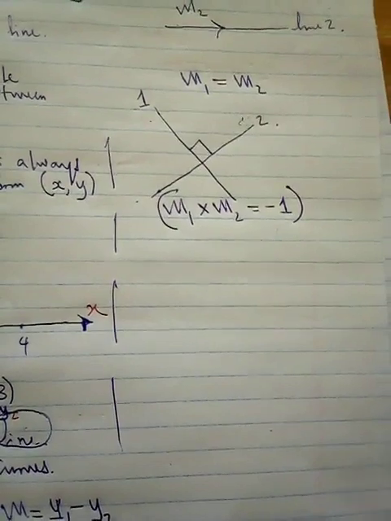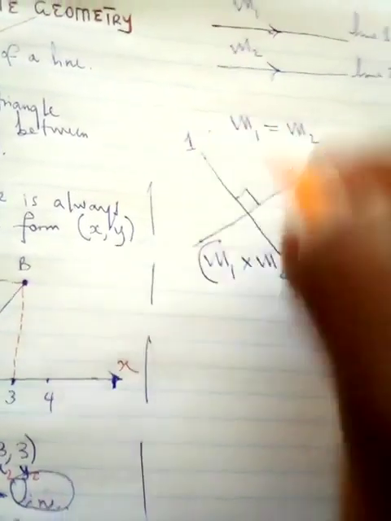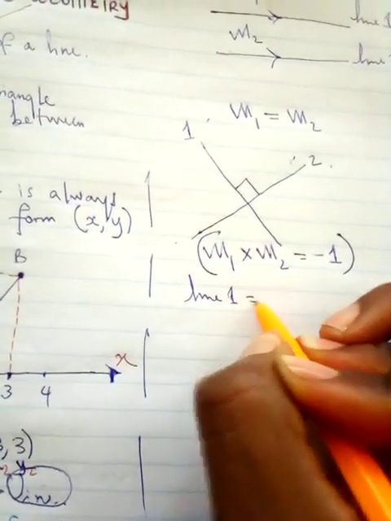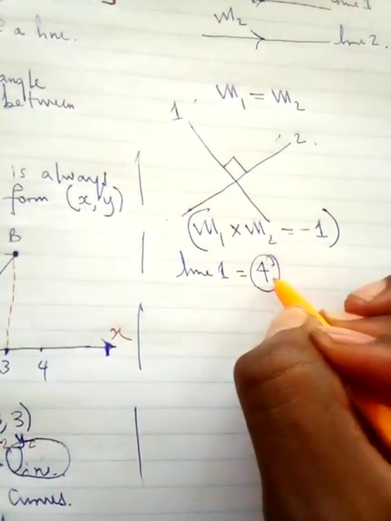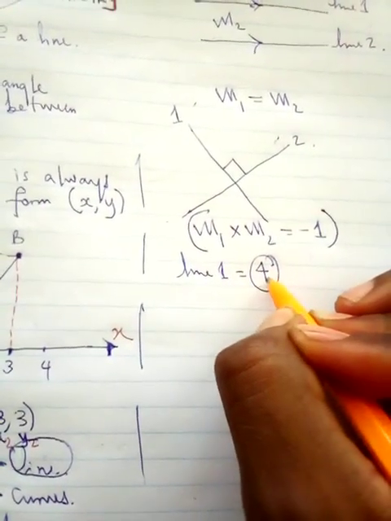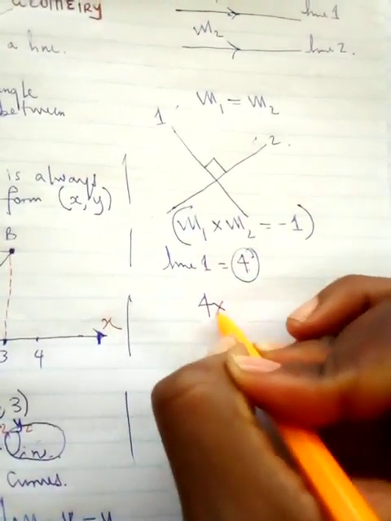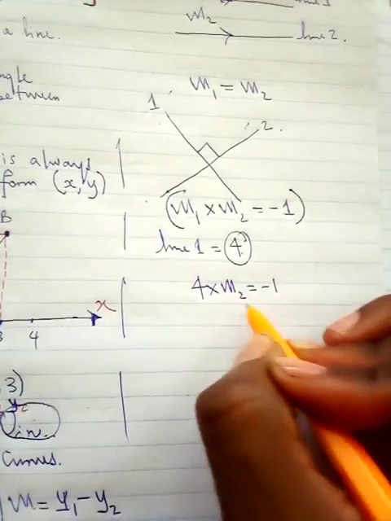In case you're given a scenario where you know the gradient of line 1, let us imagine line 1 has a gradient which is equal to 4. What you're going to do is get this value 4 and put it on m1, and this is going to be 4 times gradient 2 is equal to -1.